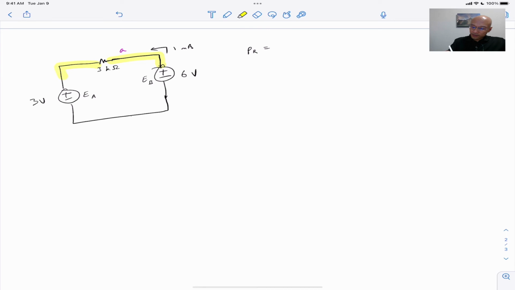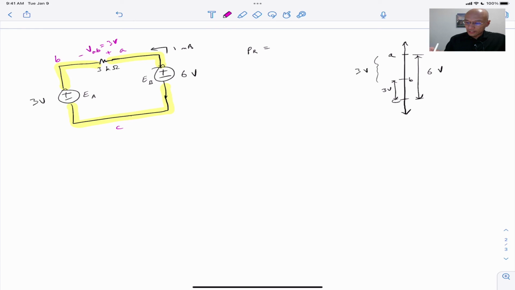Let's call it A. This one will be B. This one will be C. Without assigning concrete numbers to any node, we know that A has to be 6 volts higher than C, and B is 3 volts higher than C, meaning that A to B must also be 3 volts. So A to B is 3 volts. We'll label that VAB.